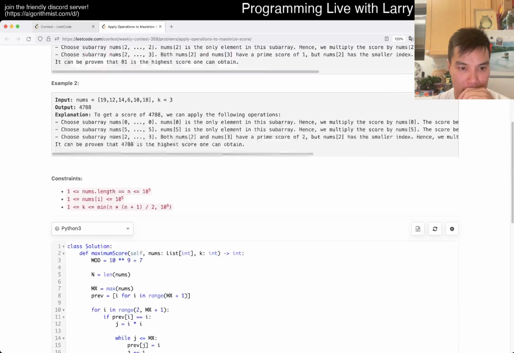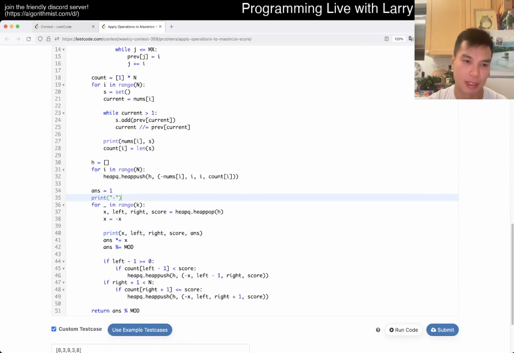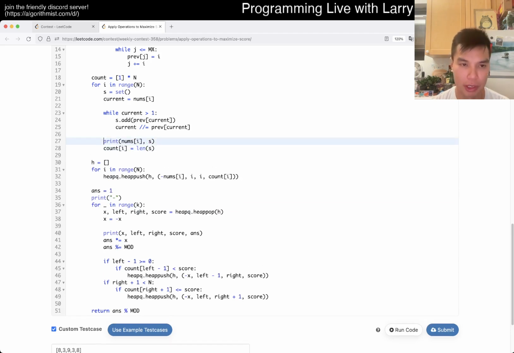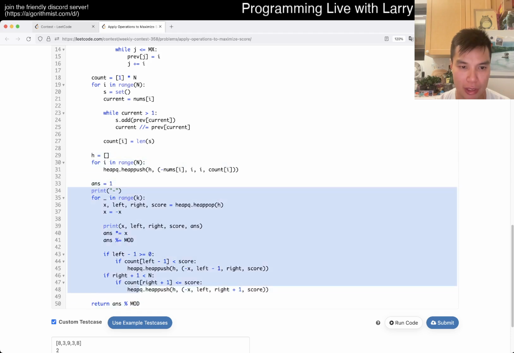Reset. Okay, number of contributions. So basically, you know what you're doing. You just have to simulate it, and I just did the simulation part. This was going to time out anyway.